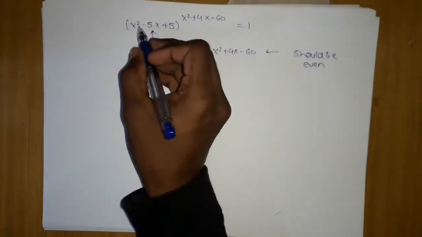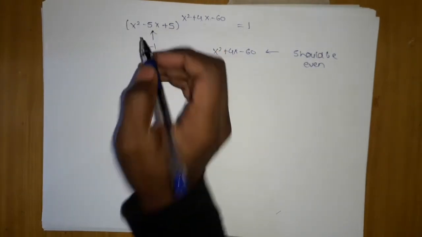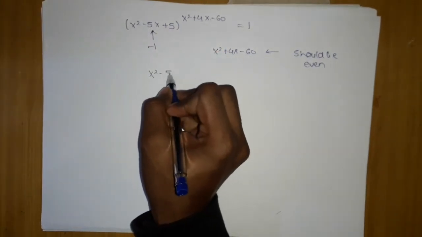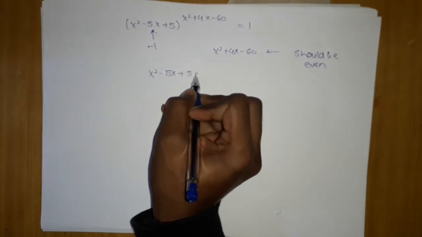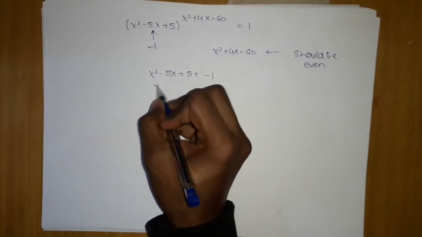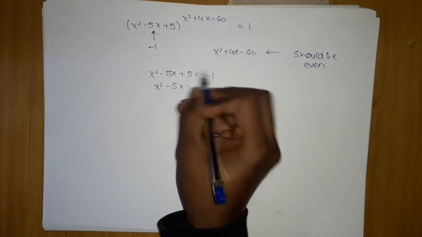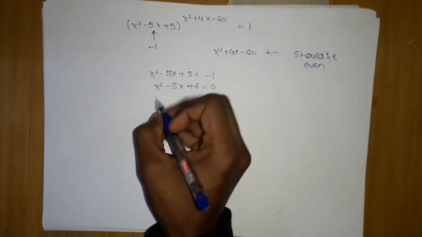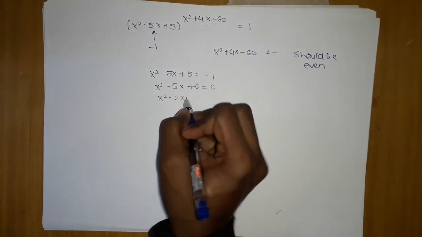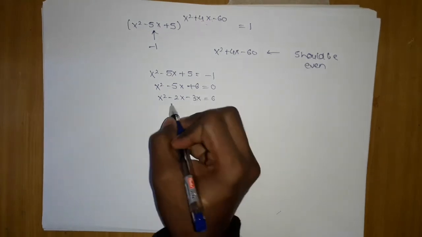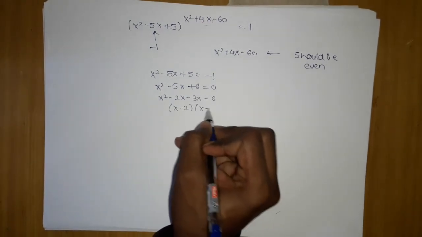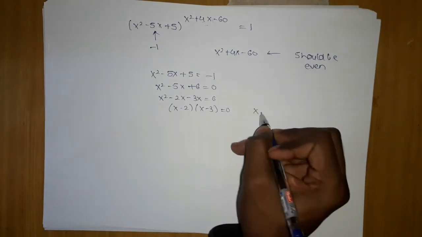Now let's check for which x the base is minus 1, which is x square minus 5x plus 5 equals minus 1. Then we get x square minus 5x plus 6 equal to 0, so x minus 2 and x minus 3 are our roots. So x equals 2, 3.